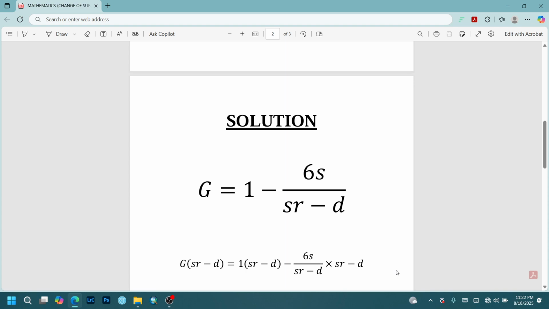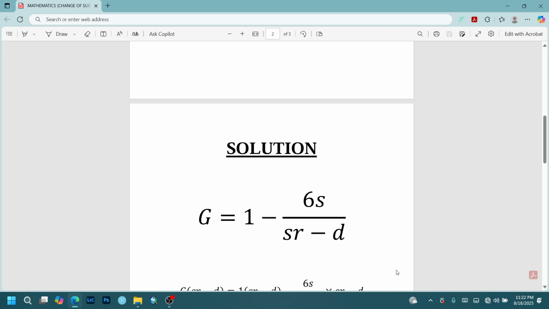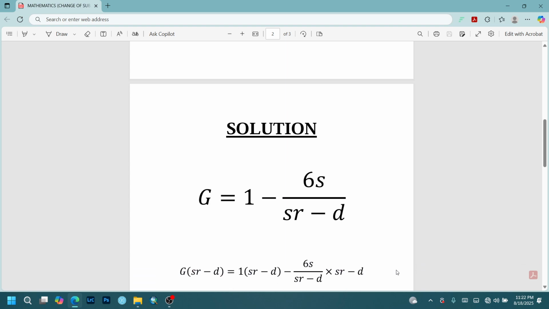Right, so based upon the preamble of our question, we are asked to make R the subject of the relation, right? So in the given equation, J equals 1 minus the fraction 6s over SR minus D, right?